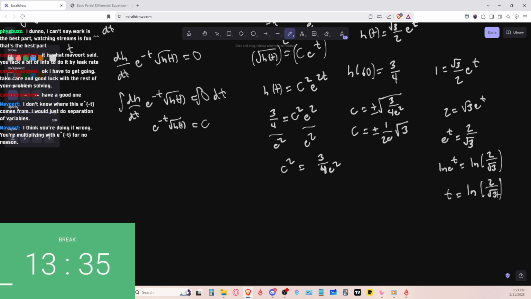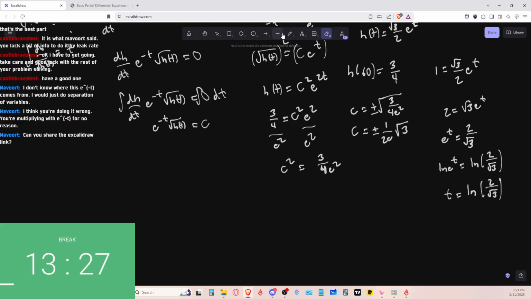Yeah, when you say separation of variables, I'm thinking of it as a separable differential equation. And when I see it, I'm wondering how do we do this?